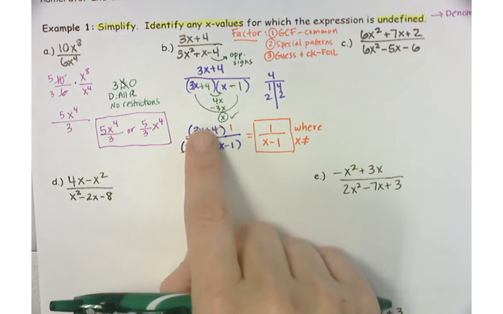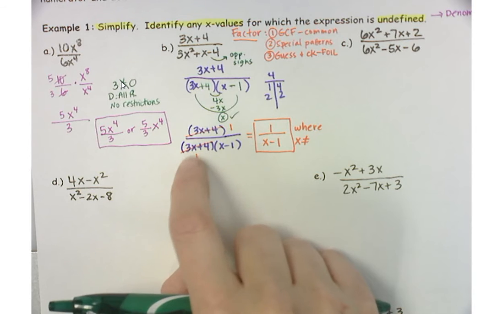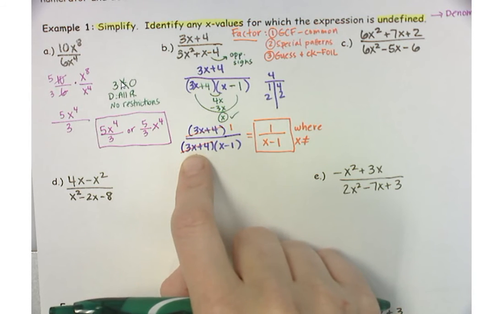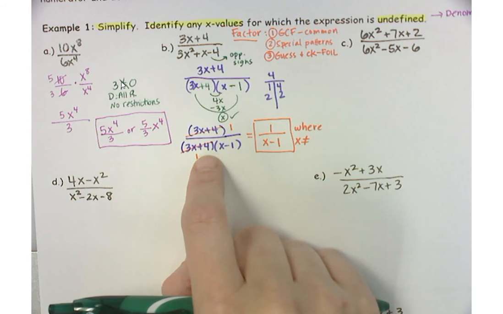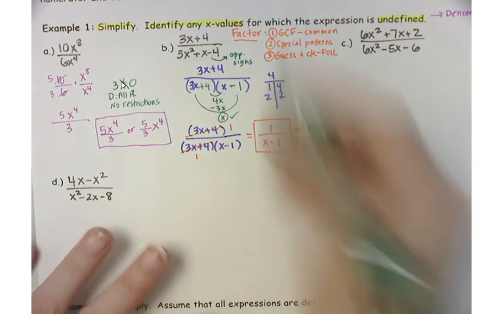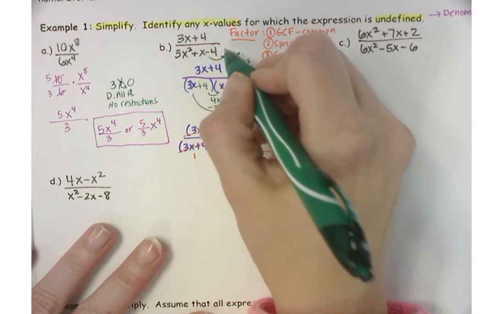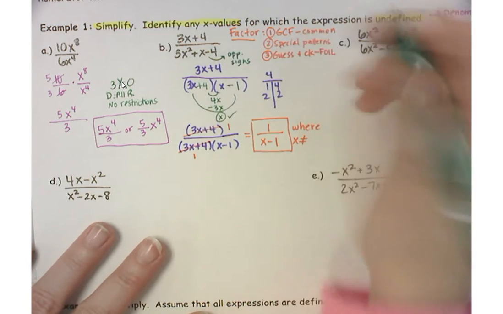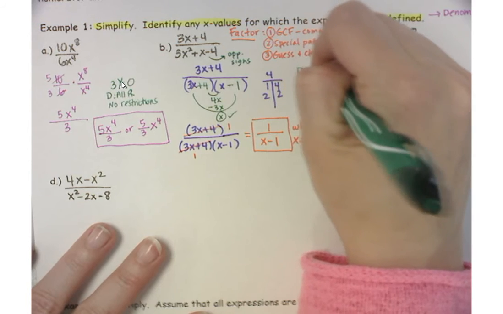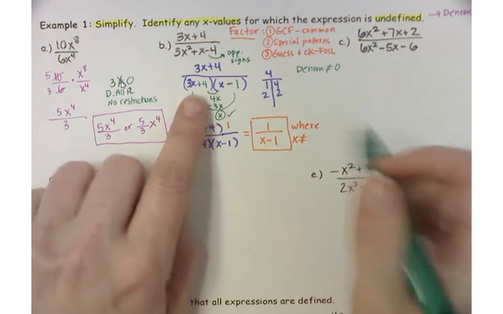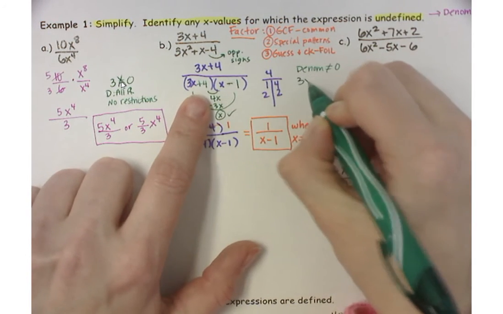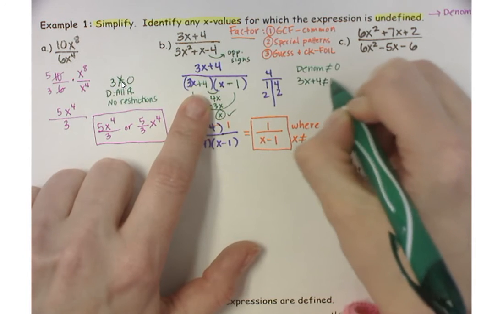So once you factor this, right away, it's the entire denominator that can't be 0. So if your denominator can't be 0, you're going to have to set both of these: the 3x plus 4 can't be 0, and the x minus 1 can't be 0. So not only can x not be 1, which is what we do see in the last step, but we also are going to solve this.